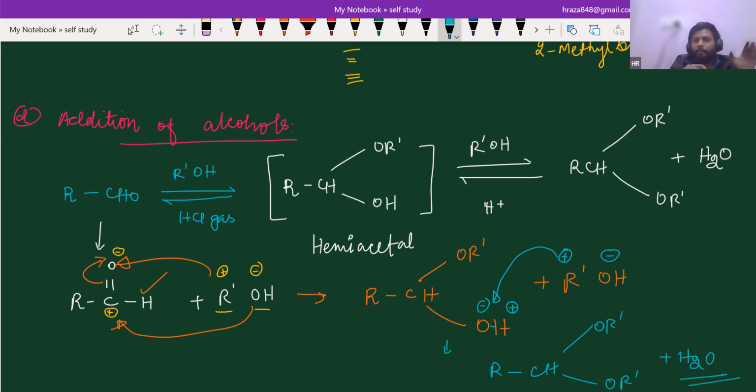How will you know that it will react with OH only, not with OR dash? Wait a minute, that is a good question. If you are going to do this with OR dash, there will be positive and there will be negative.